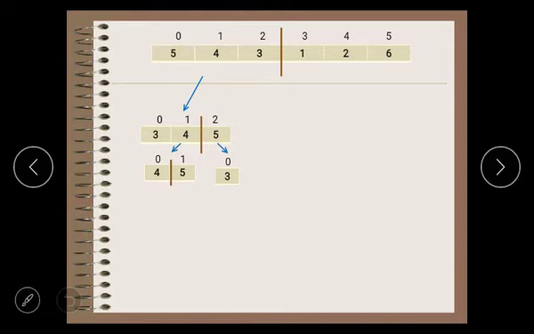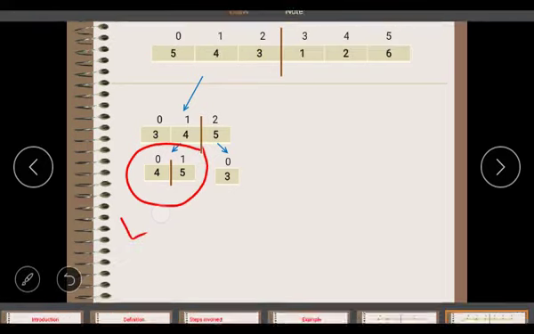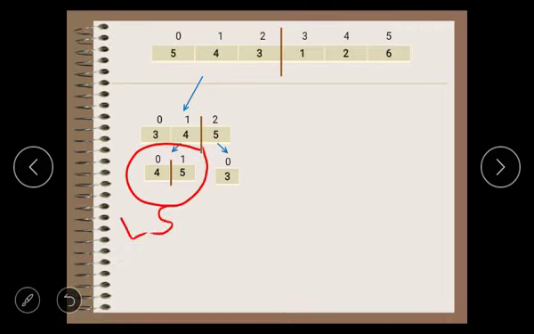So the left sub array is sorted now. Now consider the right sub array. As the right sub array has only one element, that element should be sorted with the left sorted sublist. Are you following?